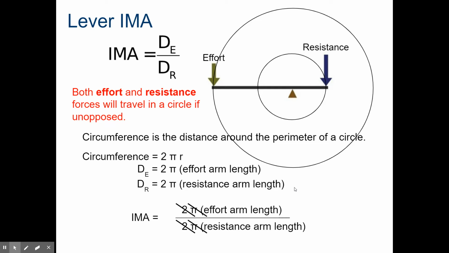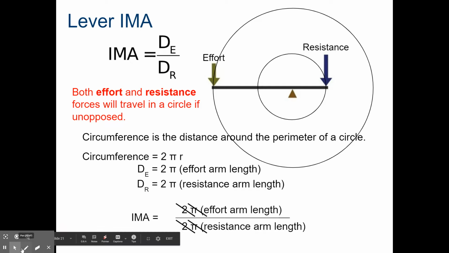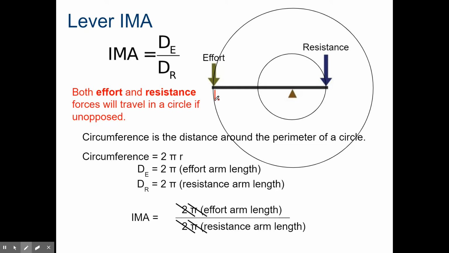Here's the easy part. The IMA of a lever is your effort distance divided by your resistance distance. Your effort distance is the distance from the effort force to the fulcrum. That's what you would put in the numerator.